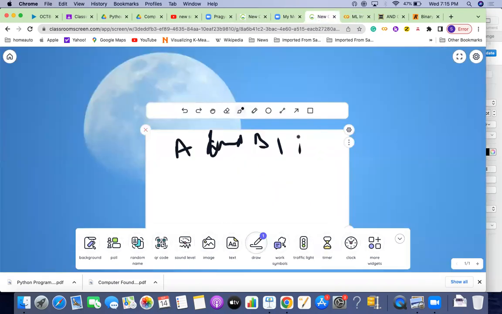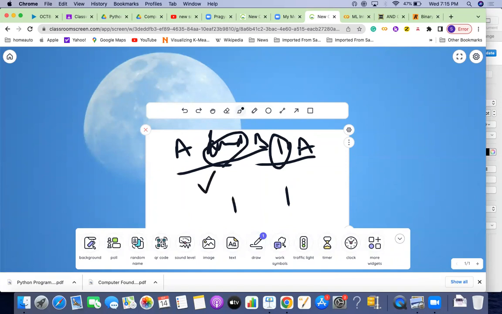So this is one operator and this is another operator. Which one is the first preference? Should I do this first and then this, or this one first?